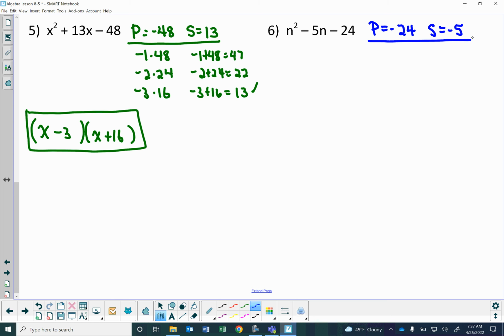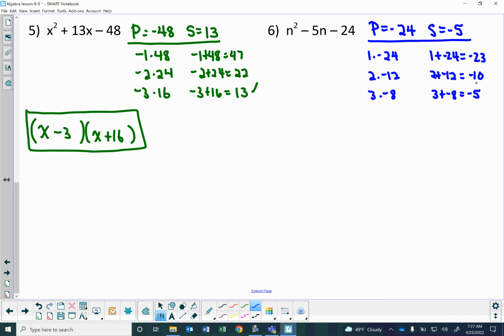So since my sum is negative 5 and my larger factor has to be negative, I could do 1 times negative 24. 1 plus negative 24 is negative 23. 2 times negative 12. 2 plus negative 12 is negative 10. 3 times negative 8. 3 plus negative 8 is negative 5.